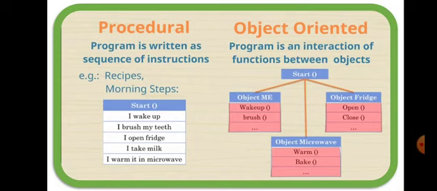Now let me tell you what this procedural language is. The program is written as a sequence of instructions. What do you mean by sequence, children? A sequence is nothing but first step, second step, third step, fourth step. So sequence means 1, 2, 3, 4. It is in a proper order.